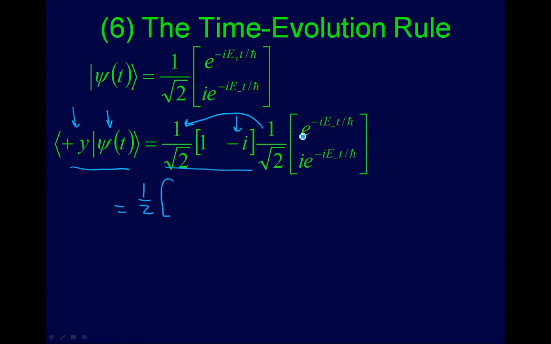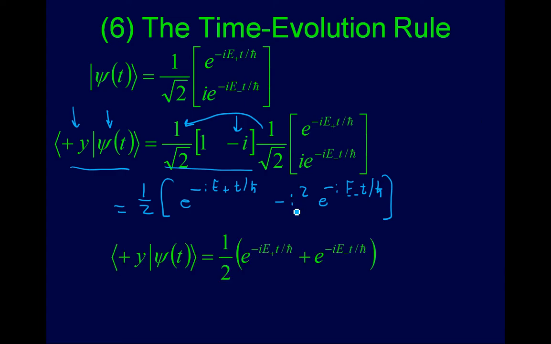Then it's 1 times this, so I get e to the negative i, e to the plus t over h bar, and then negative i times this, so I get negative i squared, e to the negative i, e to the negative t over h bar. This is the complex number that I've calculated. Here, negative i squared is just 1, so I can rewrite this a little more nicely as 1/2 times this exponential plus this exponential.